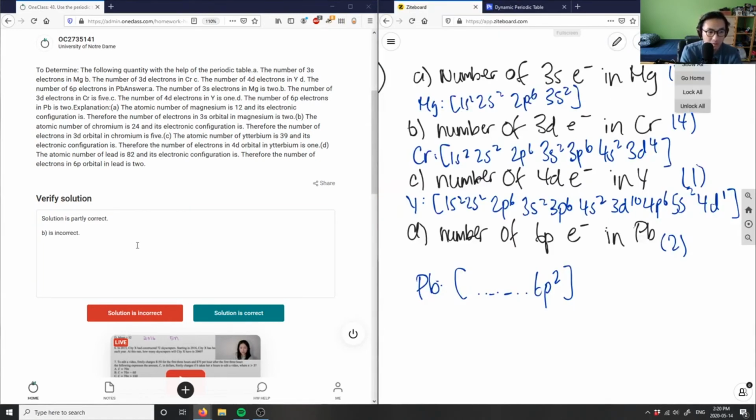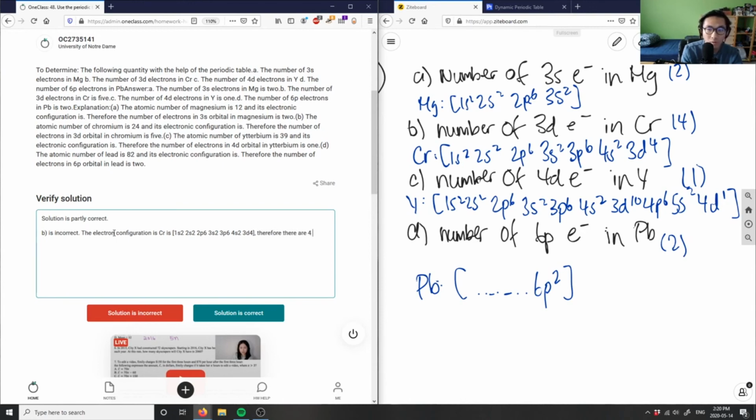So I'm saying here the electron configuration of Cr is as follows, and I'm going to write 1s2, 2s2, 2p6, 3s2, 3p6, 4s2, and 3d4. Therefore, there are 4 3d electrons in Cr.